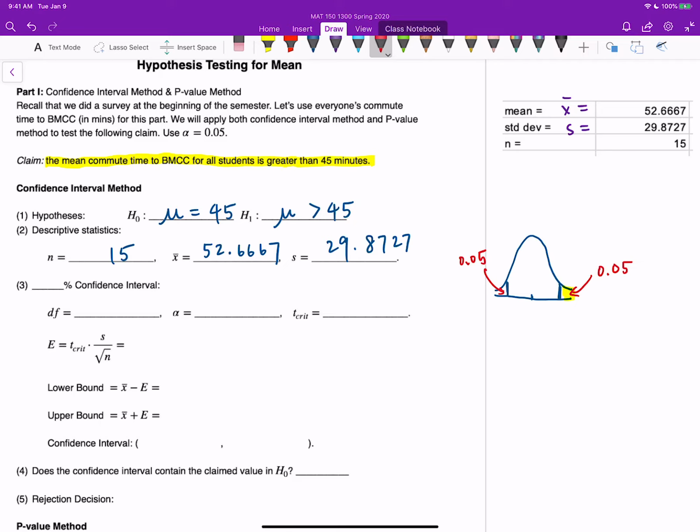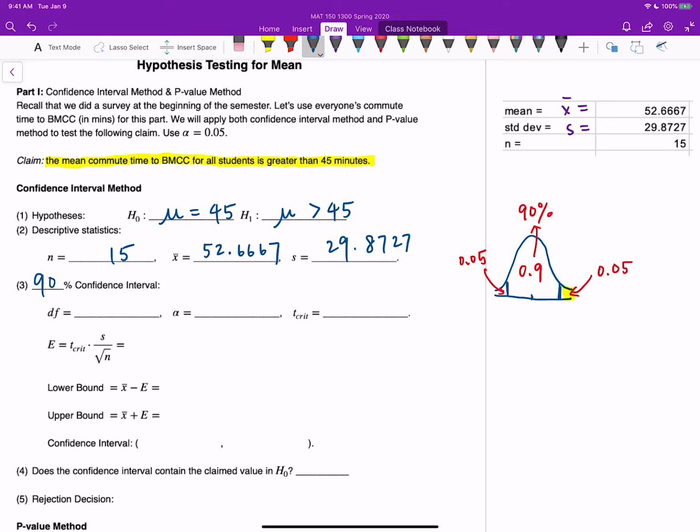If you add them up, it's going to be 0.1 on both ends. Since everything underneath the curve adds up to 1, that means in the middle it has to be 0.9, which is 90%. So we have it, 90% confidence interval. Let's write 90%. But again, you could use the table that I gave you last time. You could use that as well.